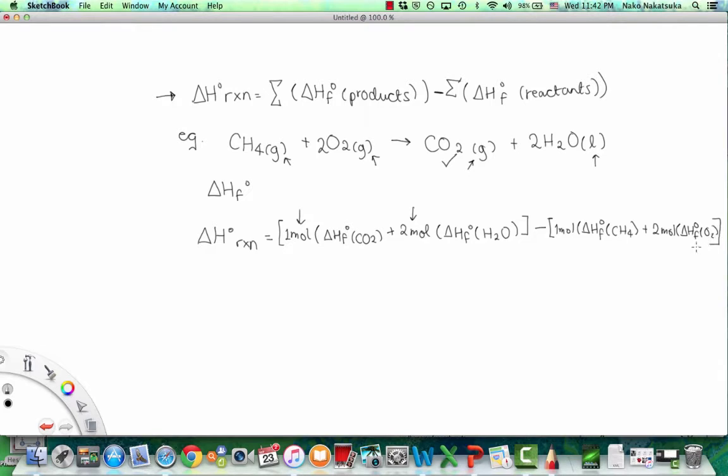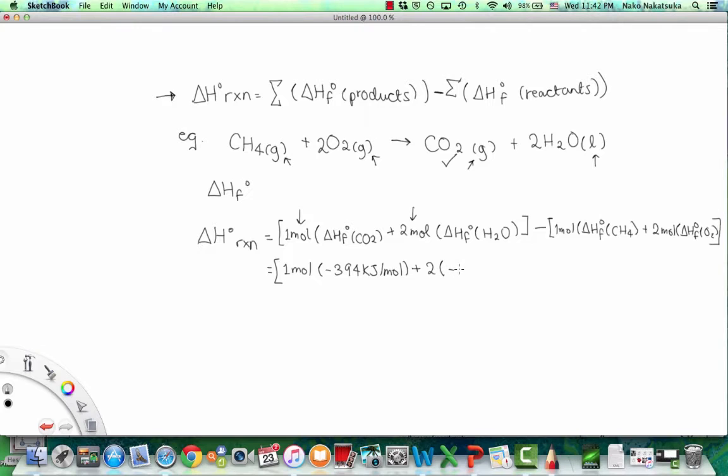I barely fit it in. These are values that you found in the back of your textbook, and I'm just going to substitute those in for you right now. These are standard values, so you can find them, and on an exam, usually your professor will give you those values.